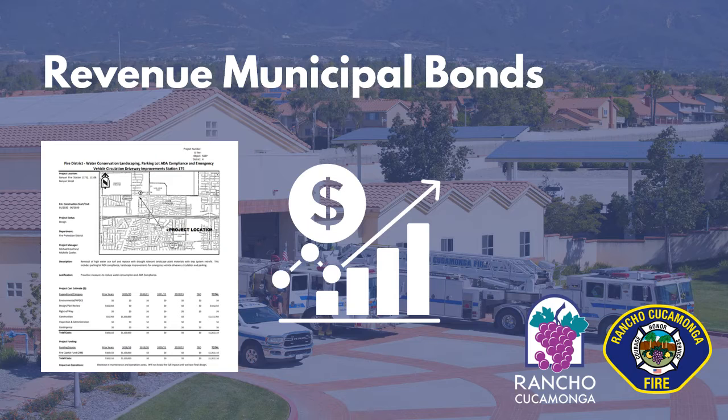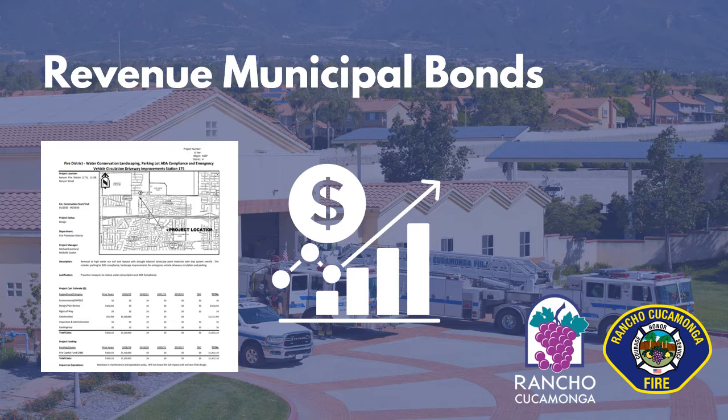The second type of bond that can be used to pay off a capital improvement project is a revenue municipal bond, and that's issued by any government agency that's managed like a business. Unfortunately for the Rancho Cucamonga Fire District, they provide public safety services to the community, and it is not a revenue generating operation.